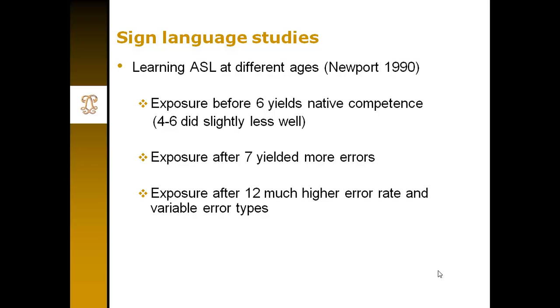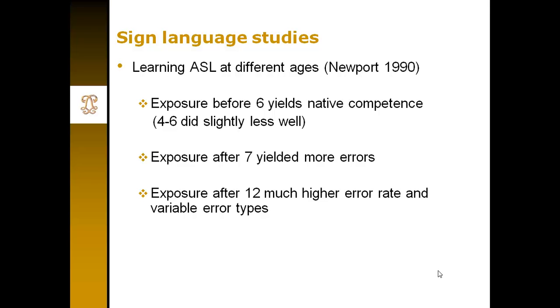To summarize that research, what Newport found was that children who were exposed to American Sign Language before age 6 yielded native competence.